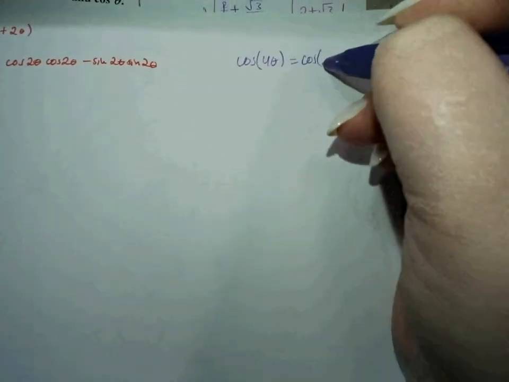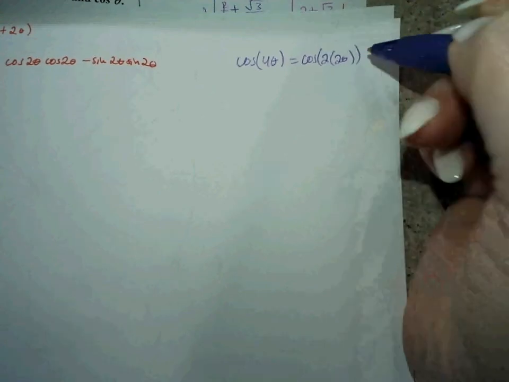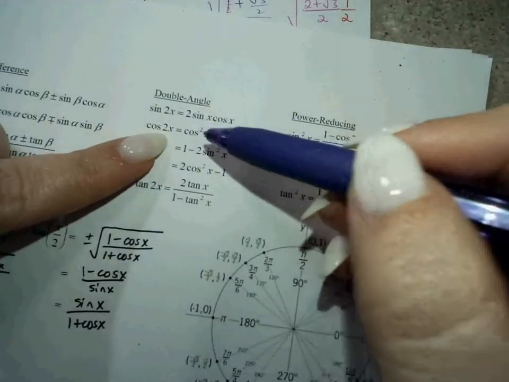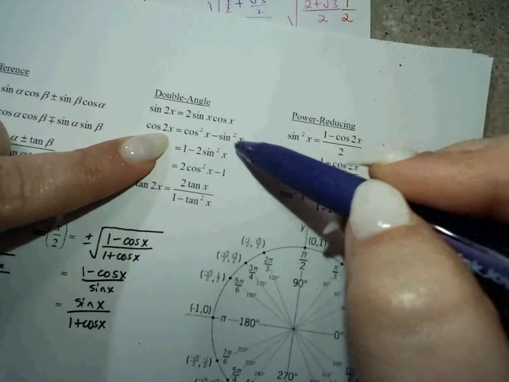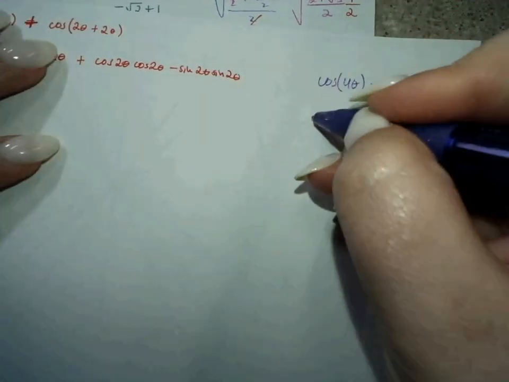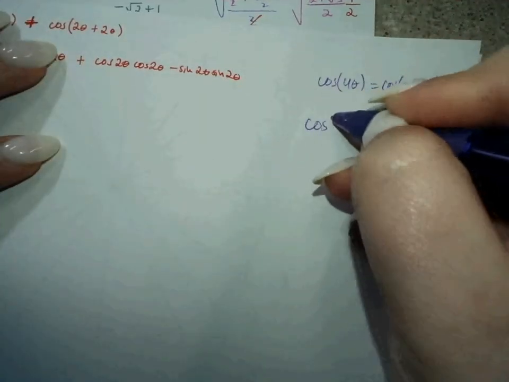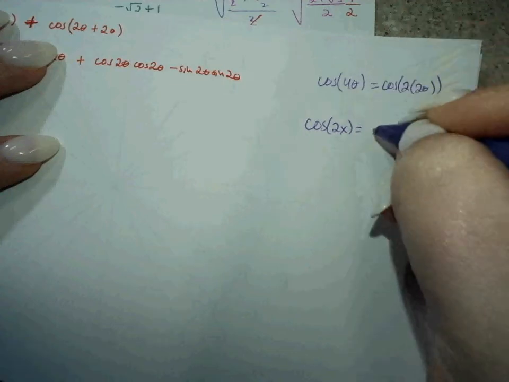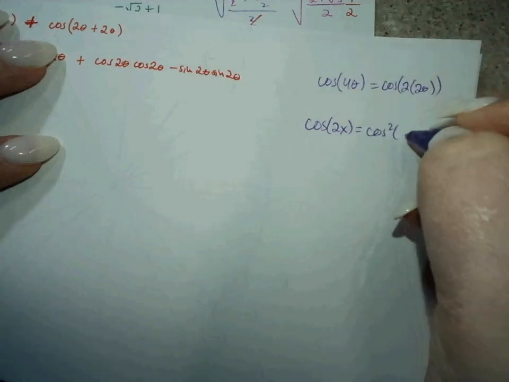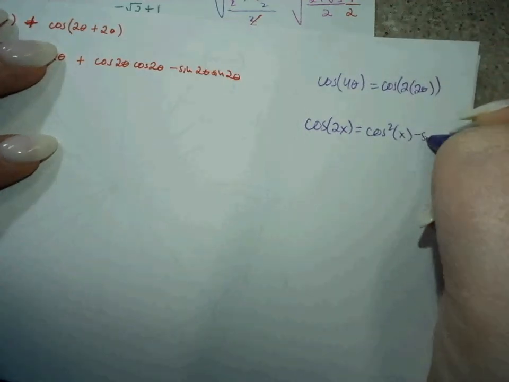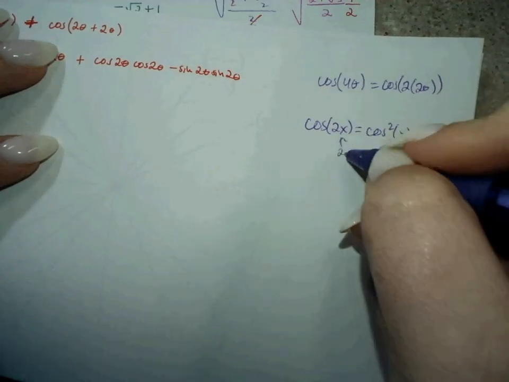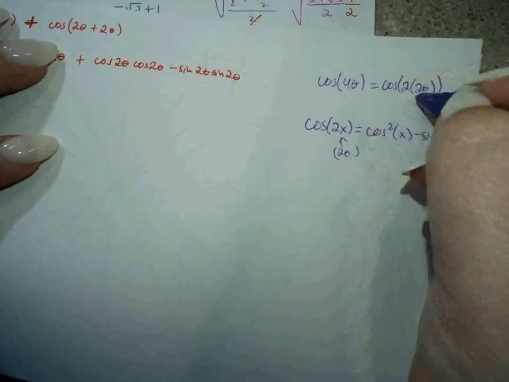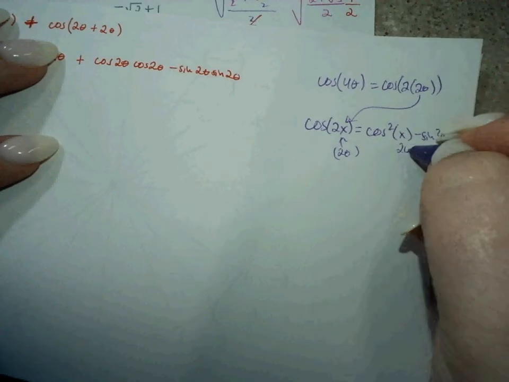So this is what I was saying a second ago. Cosine of 4 theta is equivalent to saying cosine of 2 times 2 theta. So if I have a double angle for cosine of 2x equals cosine squared of x minus sine squared of x.